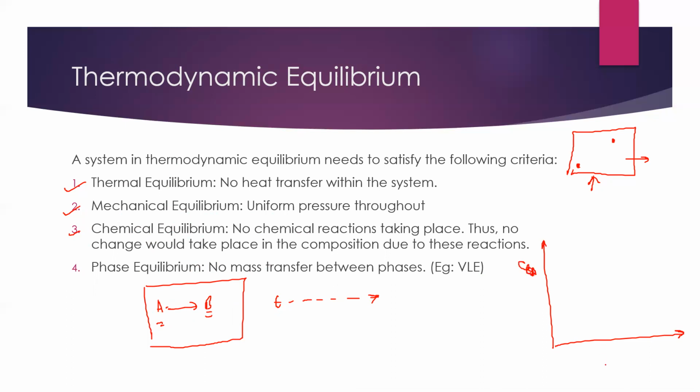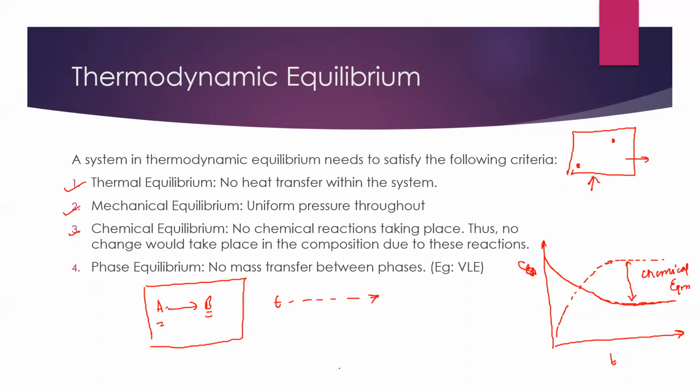A would keep on reducing, and similarly B would keep on getting added, right? So there would be a point of time after which no B would be produced further and no A would be decomposed further. When this point occurs, then we can say we have chemical equilibrium because we have uniform A and uniform B. So no chemical reactions would take place. Thus, no change would take place in the composition due to these reactions, right?